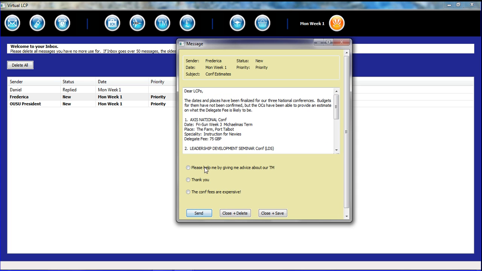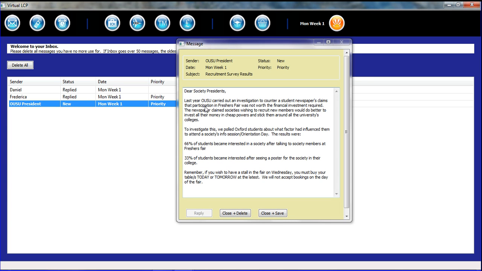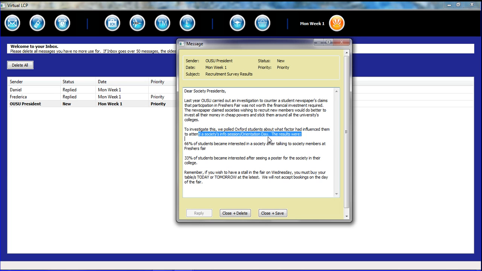Lastly, President. Right, last year Oxford University Student Union carried out an investigation about Freshers Fair, polling Oxford students about what factor influenced them to attend the Society's info-session orientation day. This is telling us where we should pool our resources for recruitment.